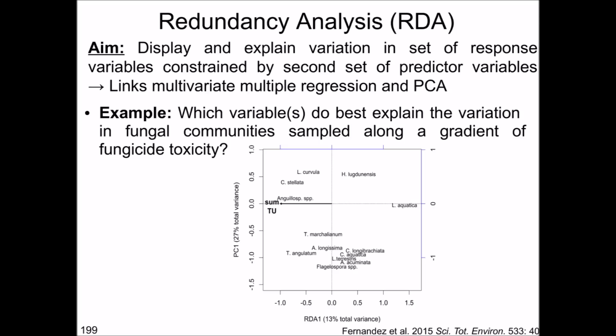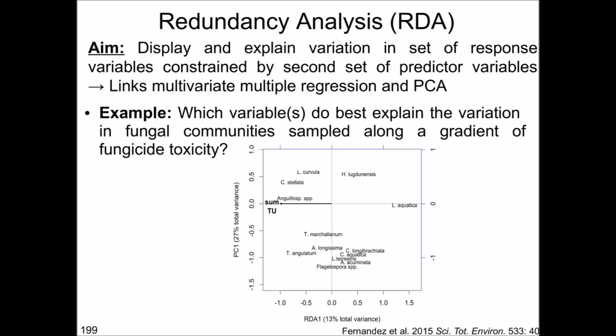And indeed it was in the end the fungicide toxicity that was the only variable that exhibited statistically significant explanatory power. And in the plot on the bottom of this figure, you can see how the different fungal organisms, the species, the taxa, responded to the toxicity in the sites.